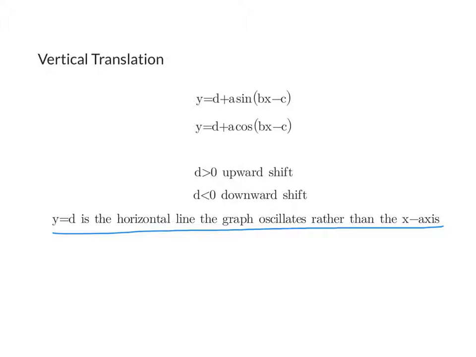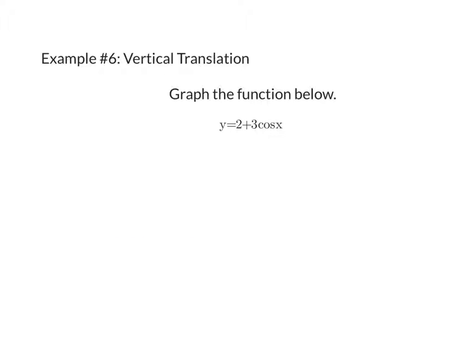So let's look at what I'm talking about. It says y equals 2 plus 3 cosine of x. For us, our amplitude, or amp, is the A value, which is 3. The period would be 2 pi over the coefficient of x. The coefficient of x is 1, so our period is 2 pi, which is nice.